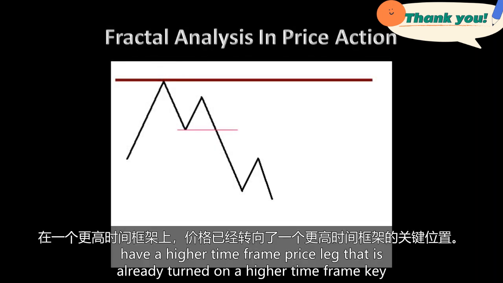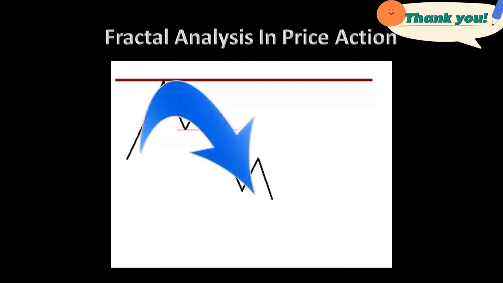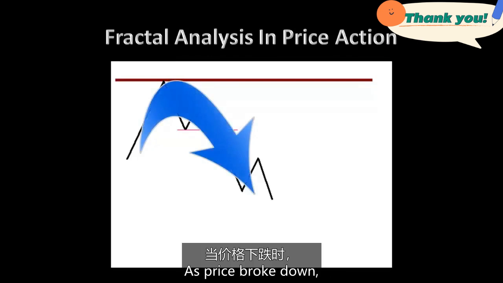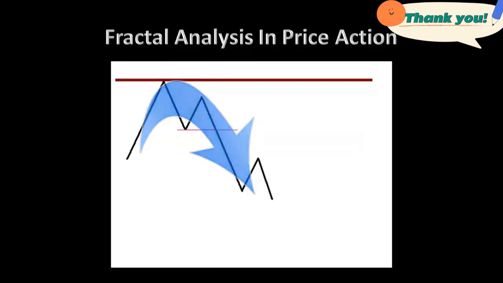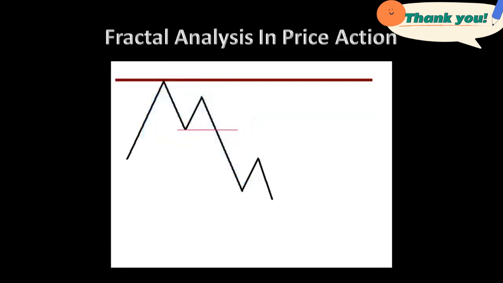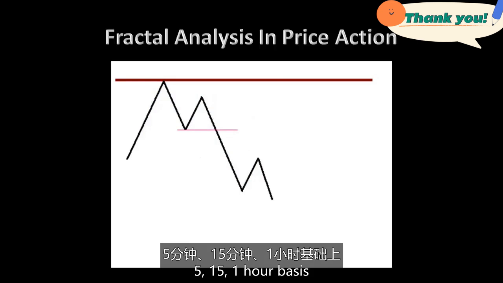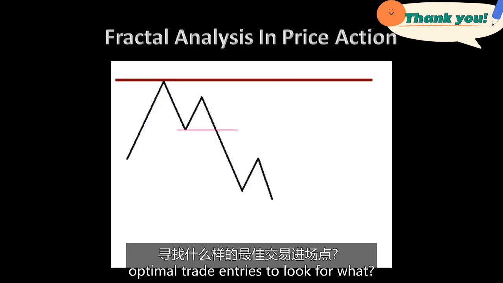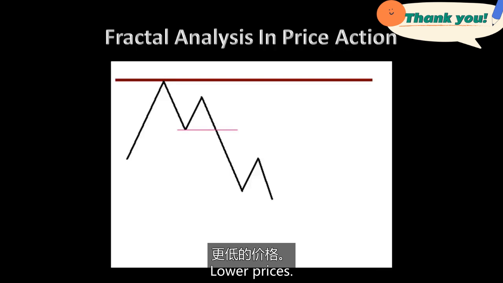Think. We have a higher time frame price leg that's already turned on a higher time frame key support and resistance level. As price broke down, we are now in our minds focusing on lower level 5, 15, 1 hour basis optimal trade entries to look for what? Lower prices.